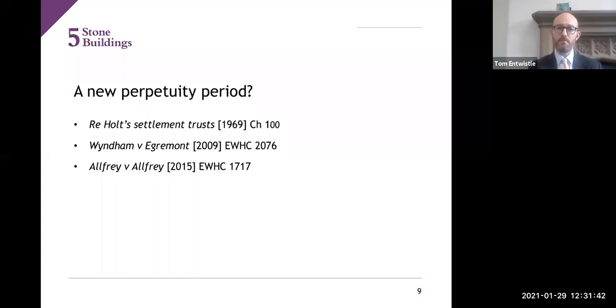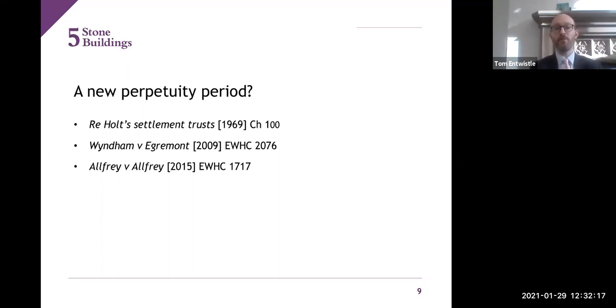And this is what happened in both of the other two cases on the slide, Wyndham and Egremont, and Alfrey and Alfrey. And both of those cases contain a useful discussion of whether an order which inserts a new perpetuity period is itself a resettlement. If that were so, then the order itself would cause a CGT charge, and so would defeat the purpose of an application which was motivated by intent to save tax.